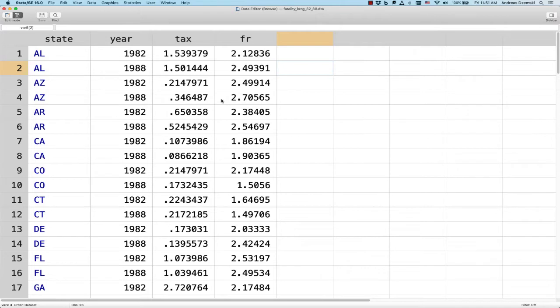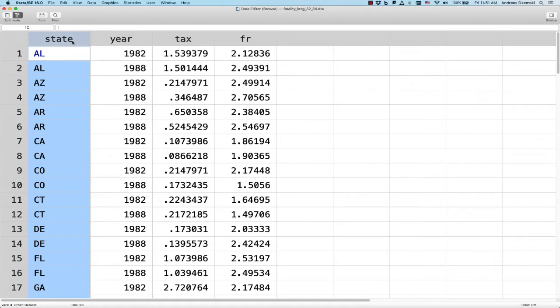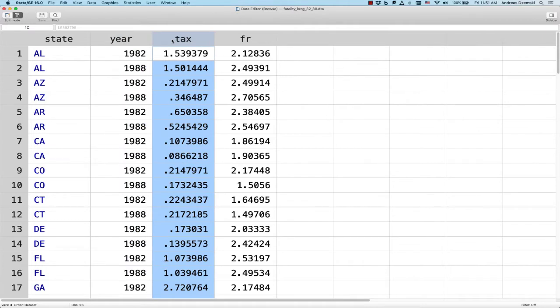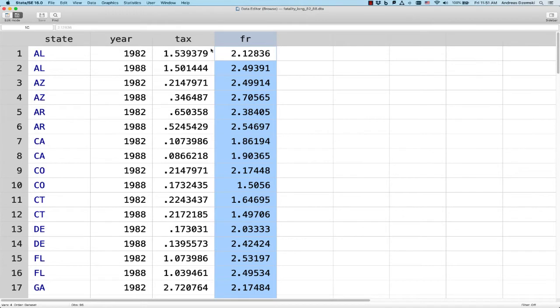Here I've already opened the data set, and it contains 4 variables: state, that gives us the state identifier, year, then the beer tax in dollars, and the fatality rate.